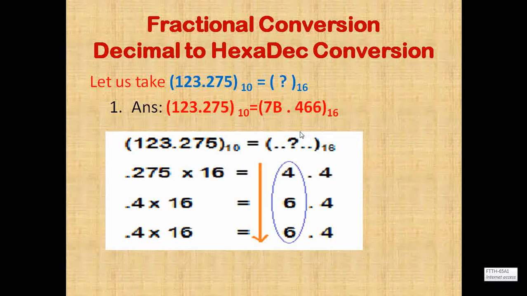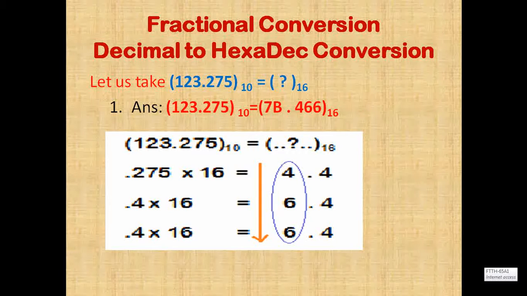So I am stopping here after 3 steps, and then we will note down the integer part digits from first to last, from top to bottom, not from bottom to top. So we will have 4, 6 and 6. So 0.466. This is how we can get fractional conversion of decimal into hexadecimal.